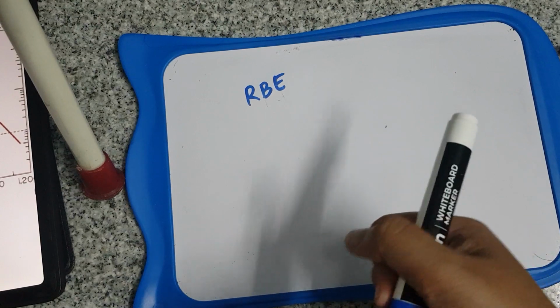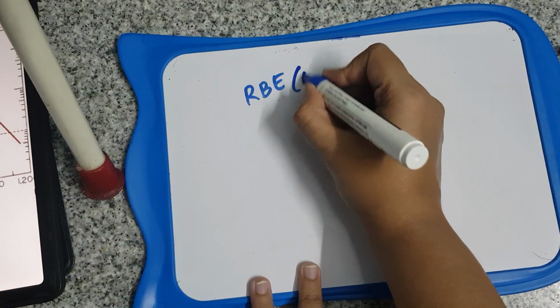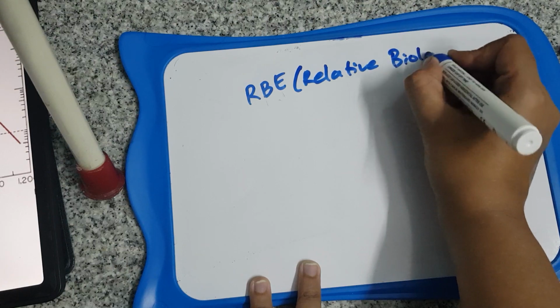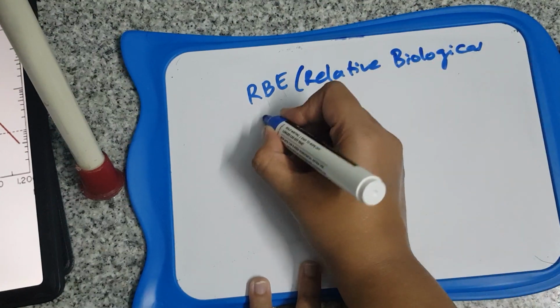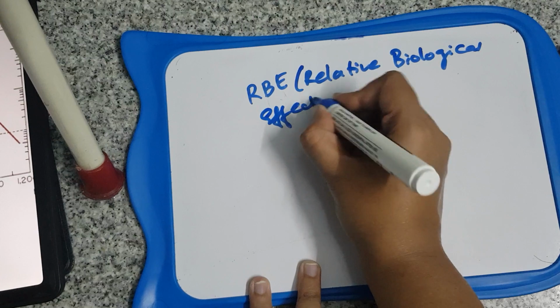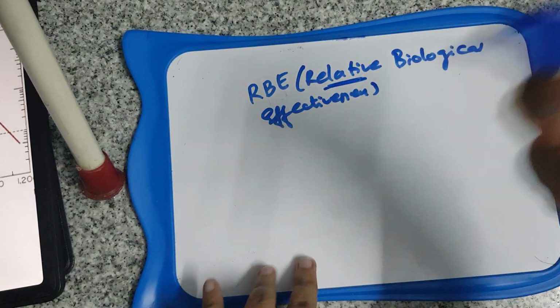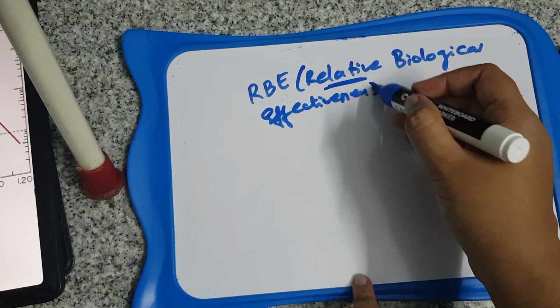Okay, now next is RBE, that is relative biological effectiveness. As the name says, it's the relative biological effect that we are calculating here.